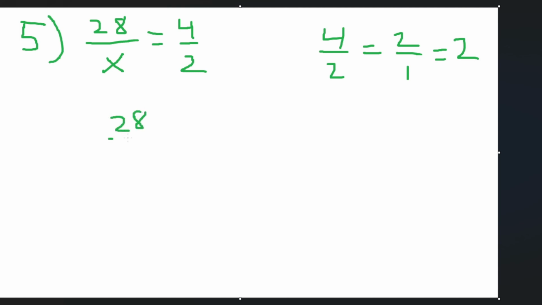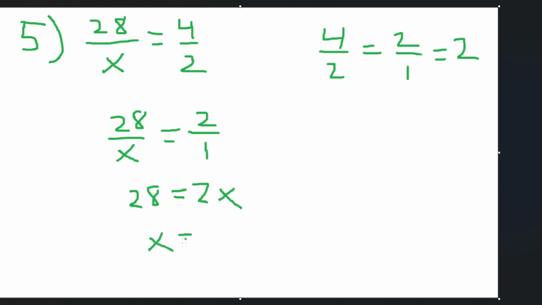So 28 over x equals 2 over 1. 28 times 1 is 28, and then 2 times x is 2x. And here, if we divide by 2 to both sides, we'll get an answer of x equal to 14.